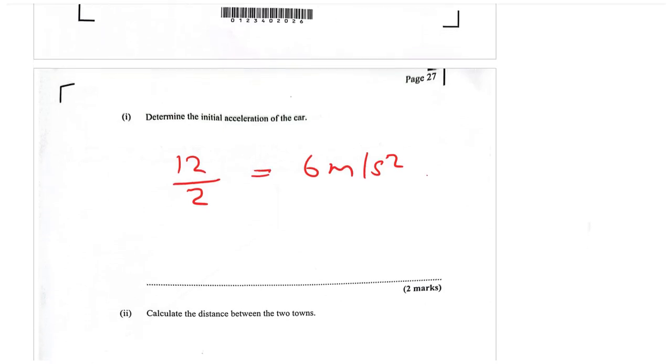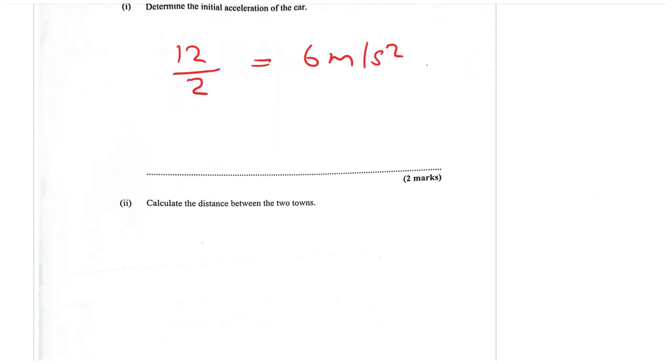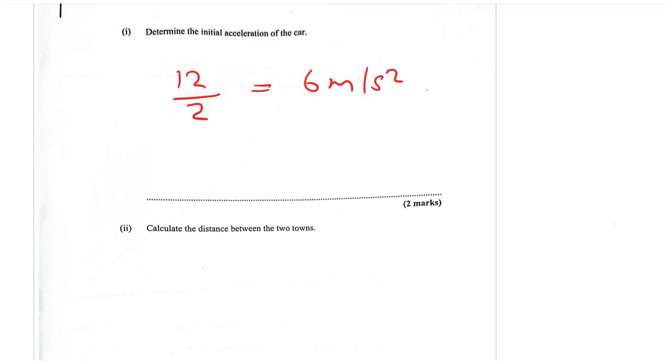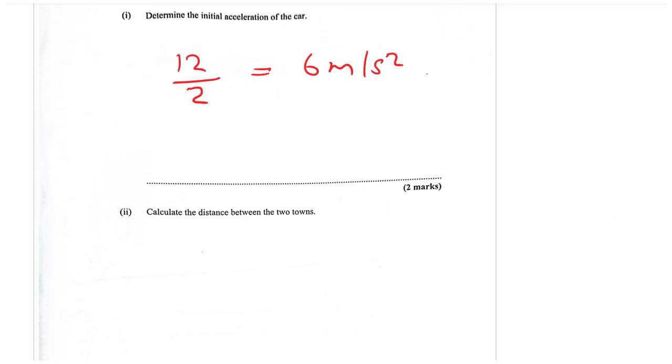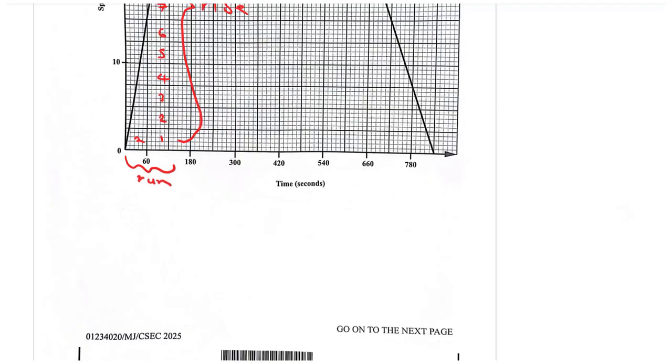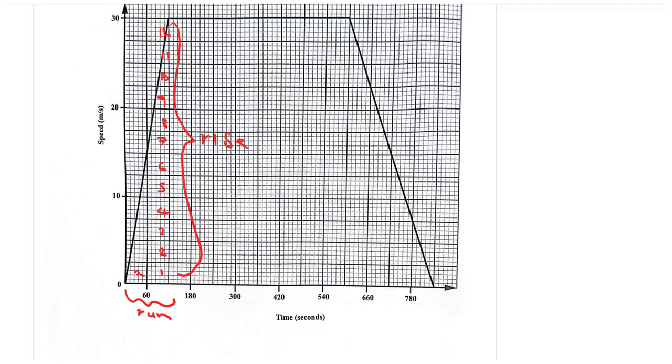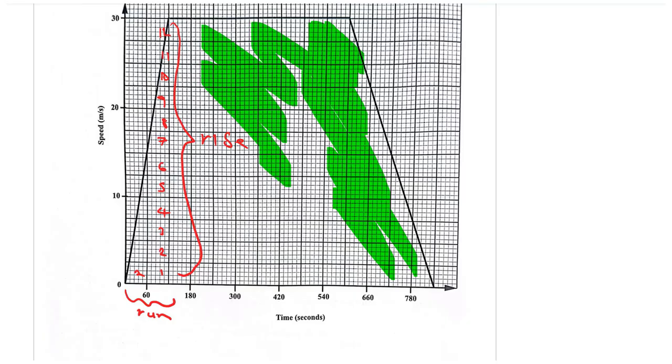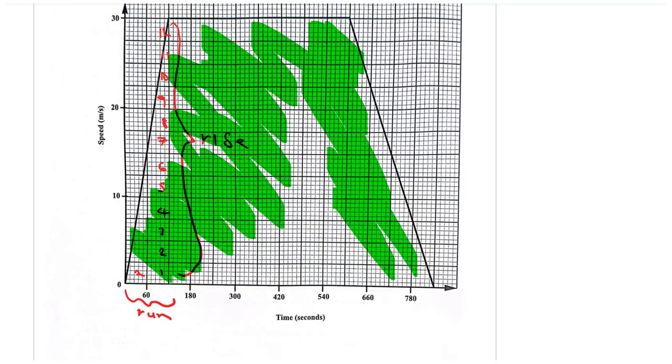Let's look at the next part of the question. Here it says calculate the distance between the two towns. Right? Once we are dealing with a speed time graph and they ask us for distance, we need to find the area underneath the graph. So we need to find all of this area underneath the graph.